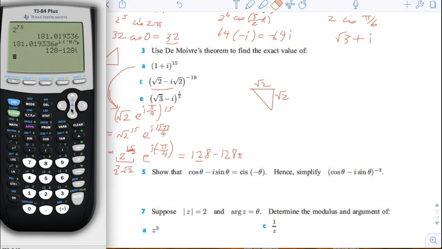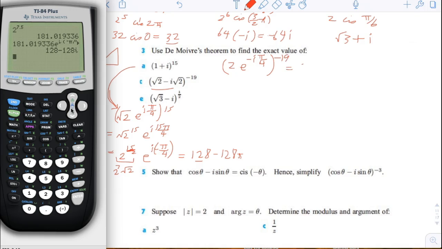And then the hypotenuse of this would be 2, of course. So it would be 2e to the negative i pi over 4, and that is to the negative 19th power.